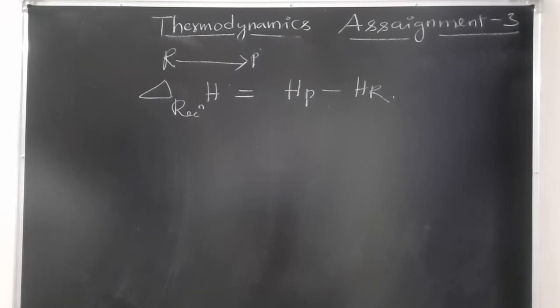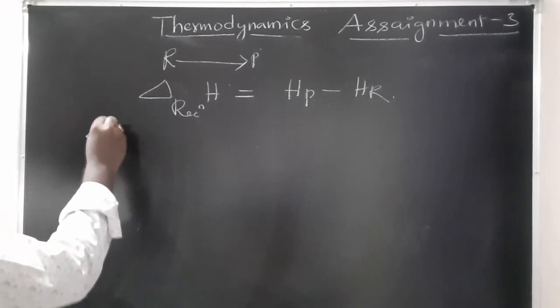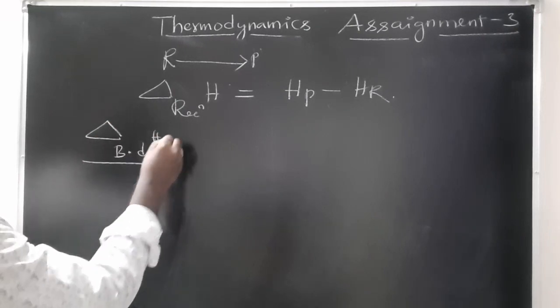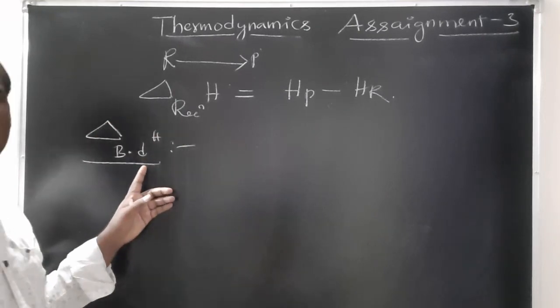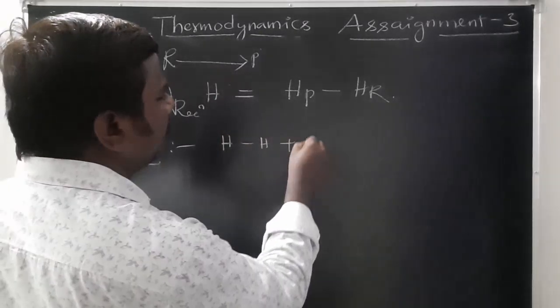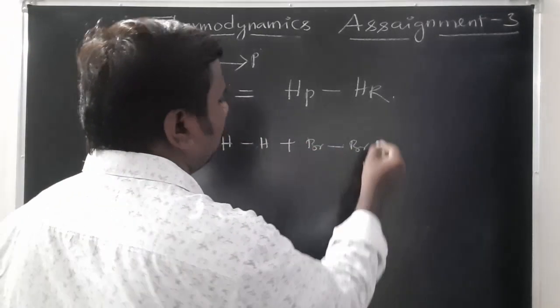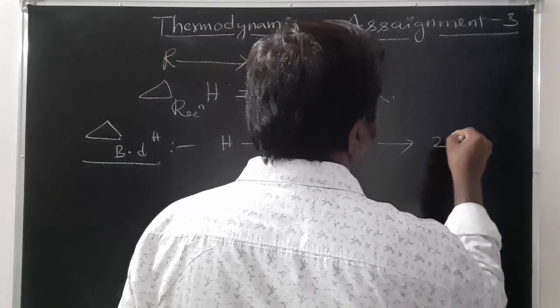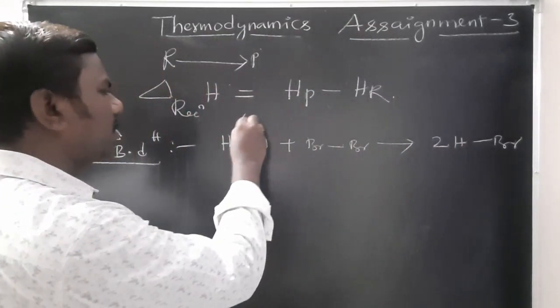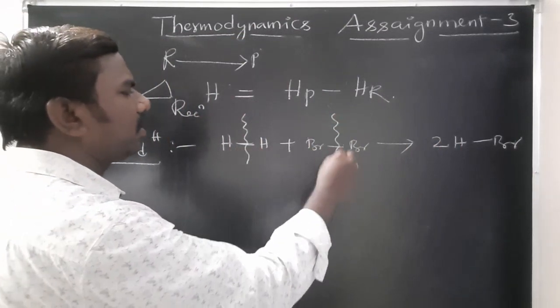Next, enthalpy of bond dissociation. It is also called bond dissociation enthalpy. For example, H2 plus Br2 gives rise to 2HBr, right, students? These bonds will be broken.